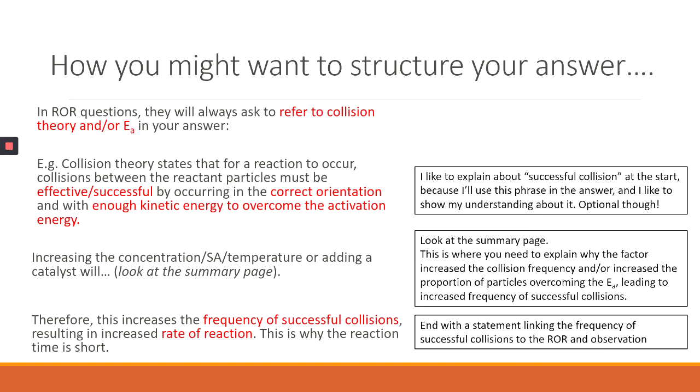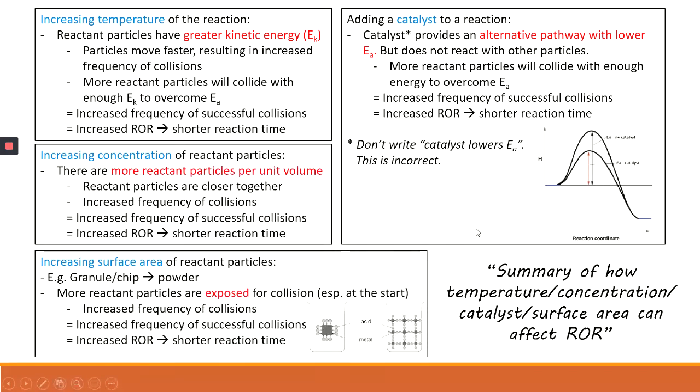So you can always go back to my summary page. So if a question was asking, how does increasing the surface area affect the rate of reaction, then I would write increasing the surface area, and let's actually go back to the summary page. So at the bottom we have increasing the surface area of reactant particles means that more reactant particles are exposed for collision, especially at the start.